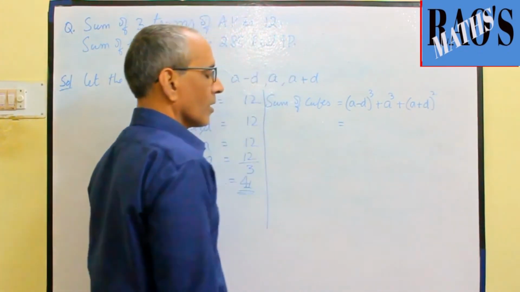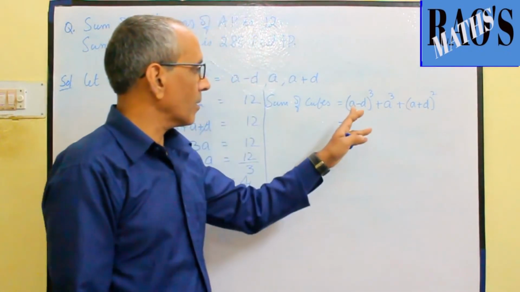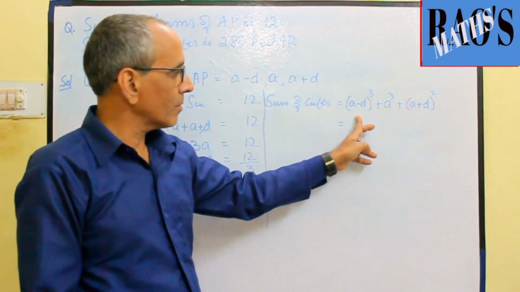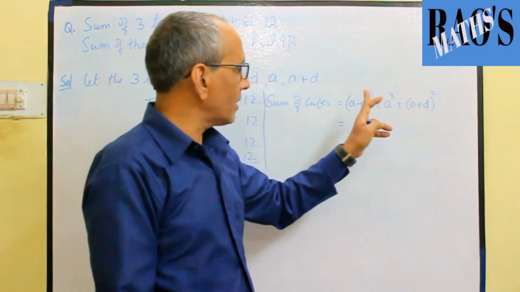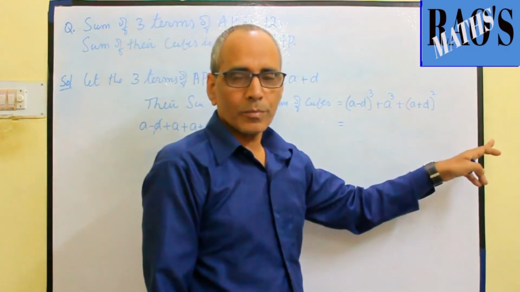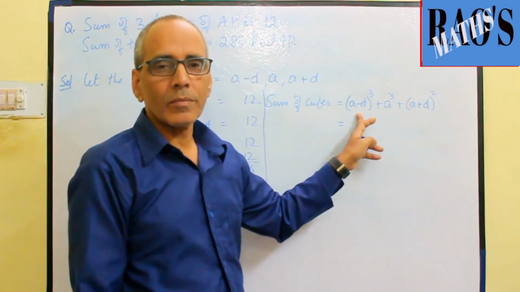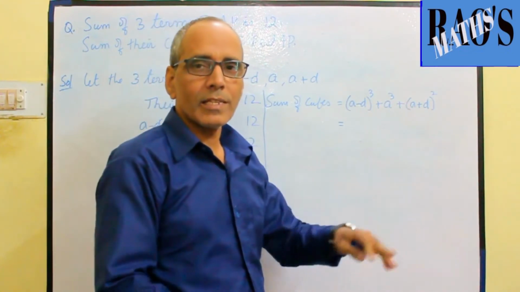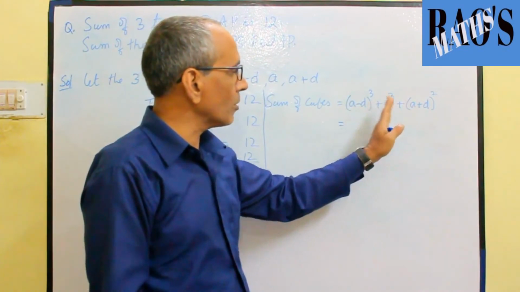You know the cube of a binomial. Here the even terms are negative. Here all terms are positive. It is A minus D whole cube. It is A plus D whole cube. Since the even terms are negative, these even terms and these even terms neutralize each other. So that means no second term in both the expansions.